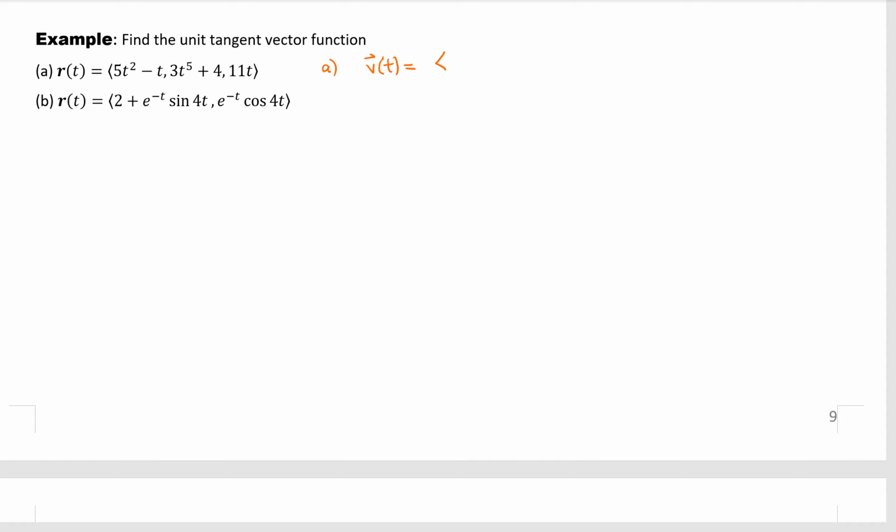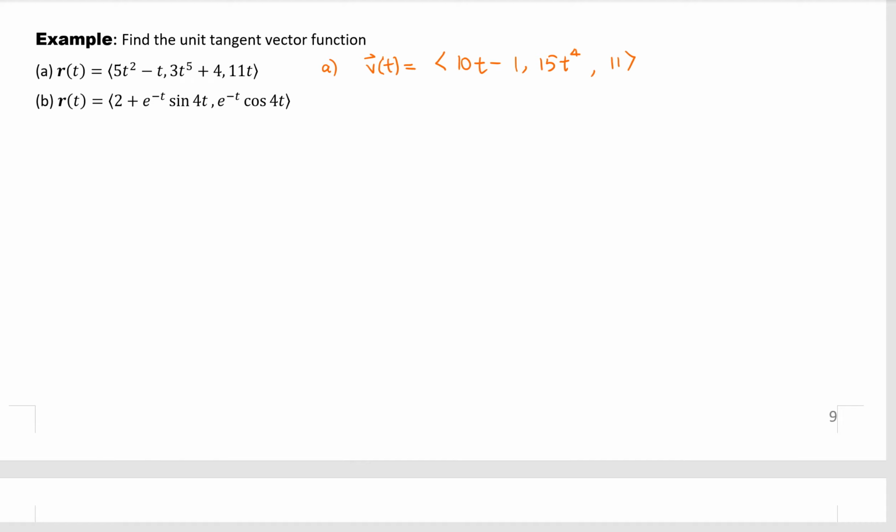Derivative of 5t squared is 10t. Derivative of t is 1. Derivative of 3t to the 5th, 3 times 5 is 15, t to the 4. Derivative of 4 is 0. Derivative of 11t is 11.